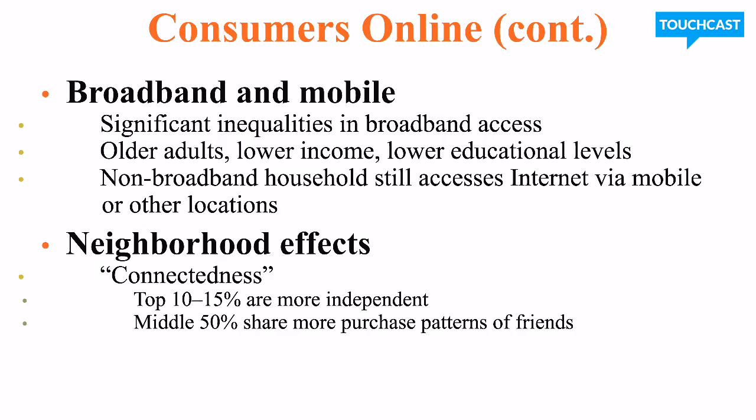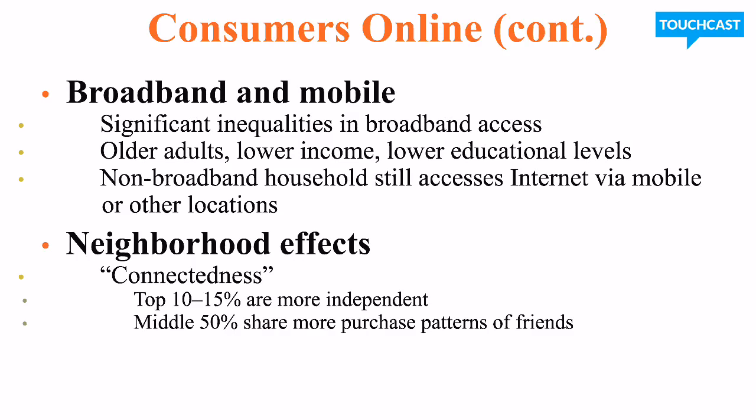In terms of broadband and mobile access, there's significant inequalities in the types of broadband access that we all have available at our fingertips. Some of the groups that are affected by these inequalities will, of course, be older or more mature consumers, lower income consumers, and lower educational levels.